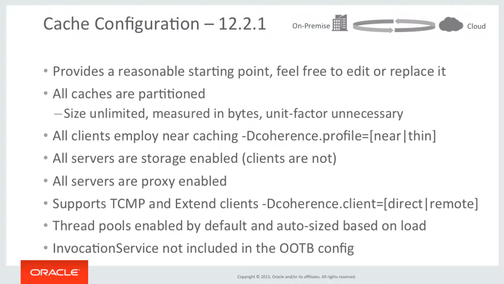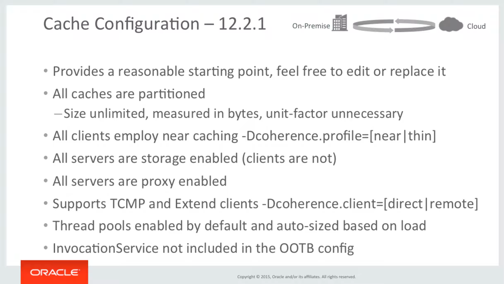So the overhead of a near cache, at least the latency overhead, is significantly reduced compared to what you would have had in prior releases, making it a reasonable candidate for being on by default, and you can get quite a significant performance boost if you have repeated reads. It is possible to disable the near cache, and this is done with the coherence.profile system property, which can be set to either near for near caching or thin.